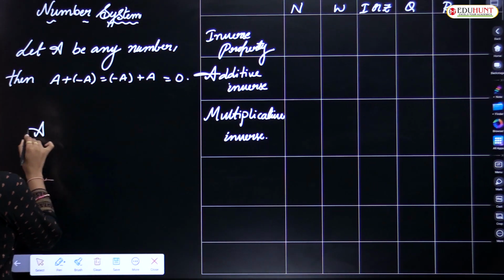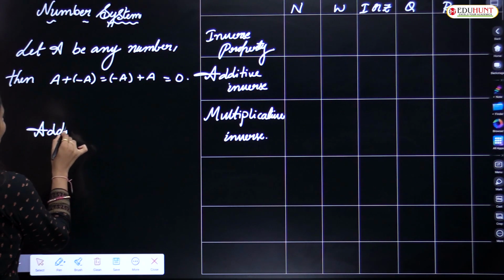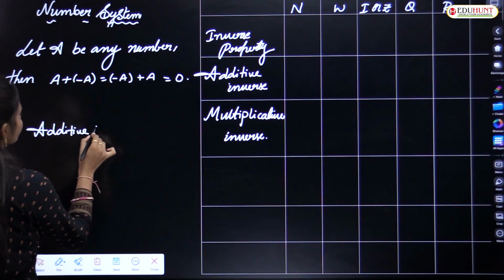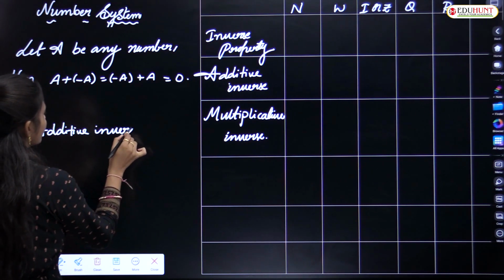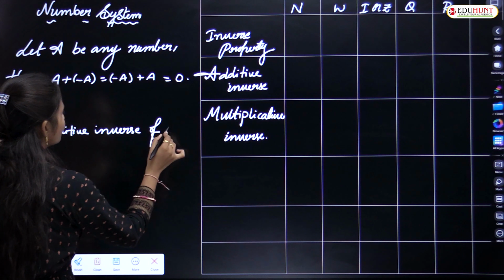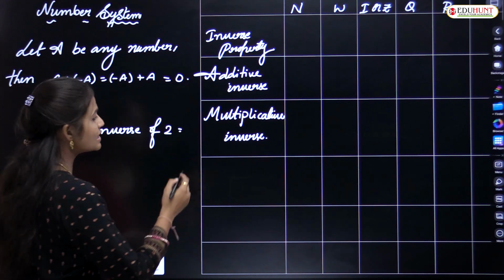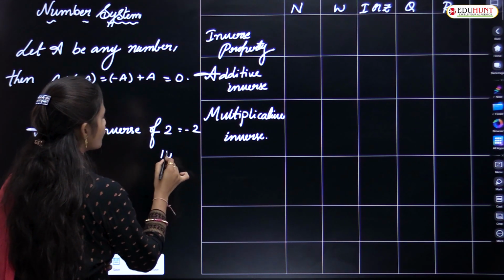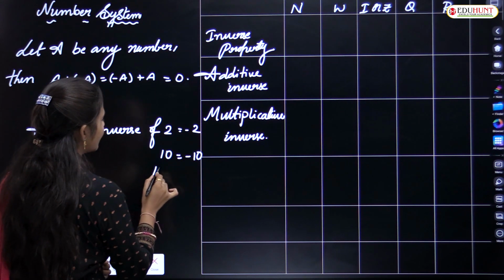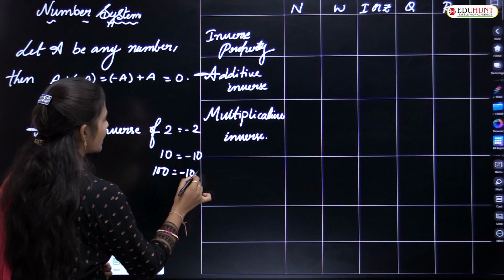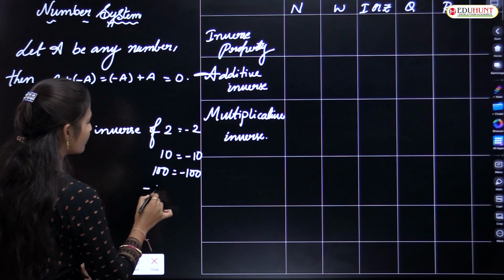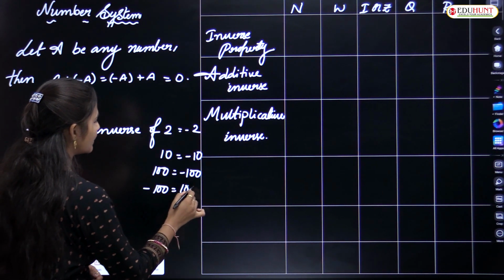So the additive inverse of 2 is minus 2. Additive inverse of 10 is minus 10. Additive inverse of 100 is minus 100. Additive inverse of minus 100 is 100.